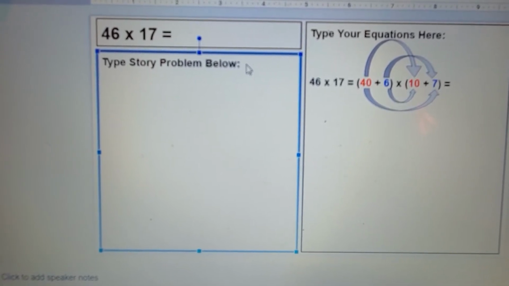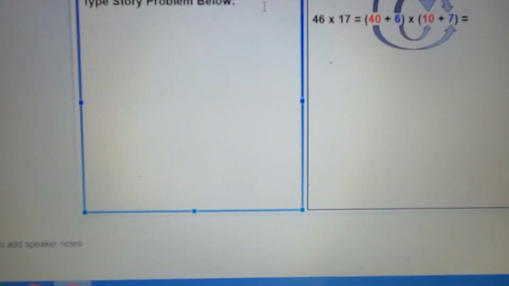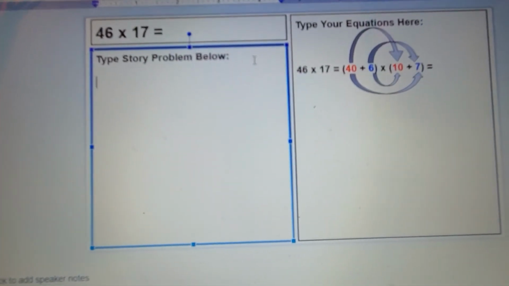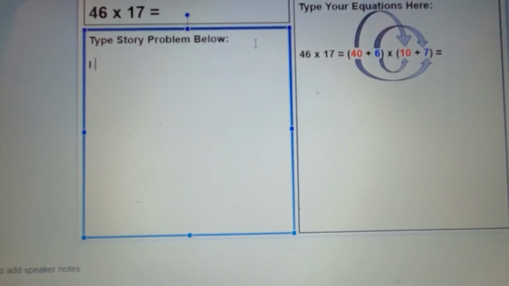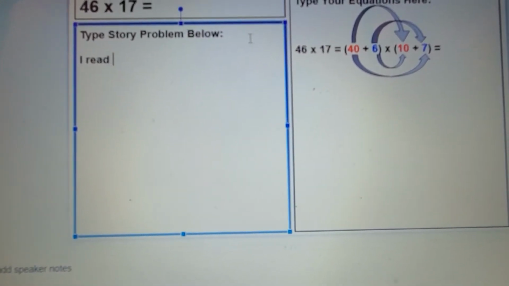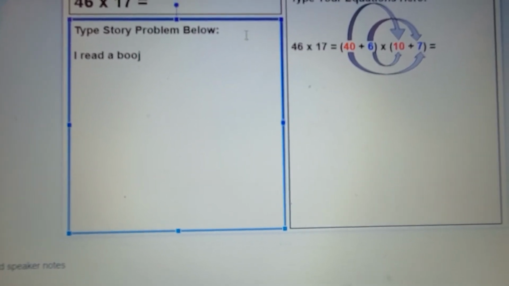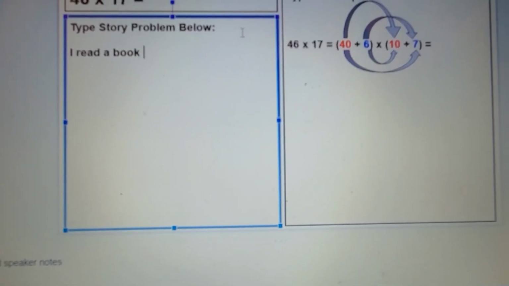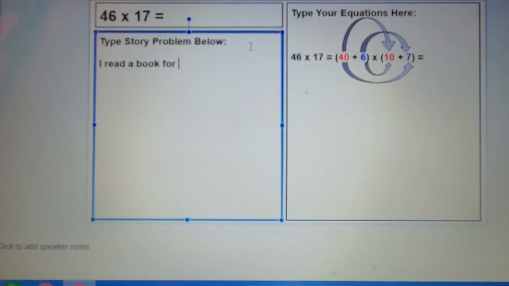So the first step is what? Think of a group. Okay. Pages. I read a book for 17 days.